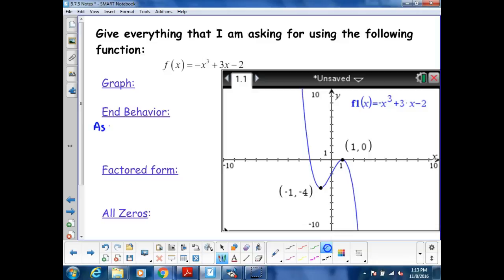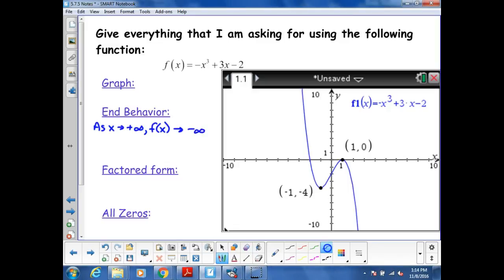As x is going to positive infinity, my function is going to what? What's my function going to for my end behavior? It's going to go down, which means it's going to negative infinity.